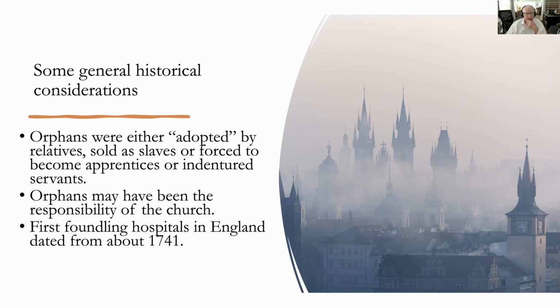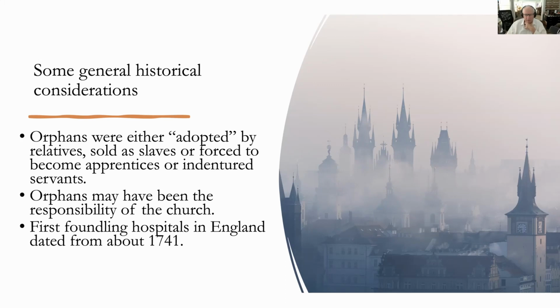Just to give a date in the past, the first foundling hospitals in England, as they called them, were basically to take care of the babies until they could be placed either by the church or put into orphanages. And of course, we have literature.